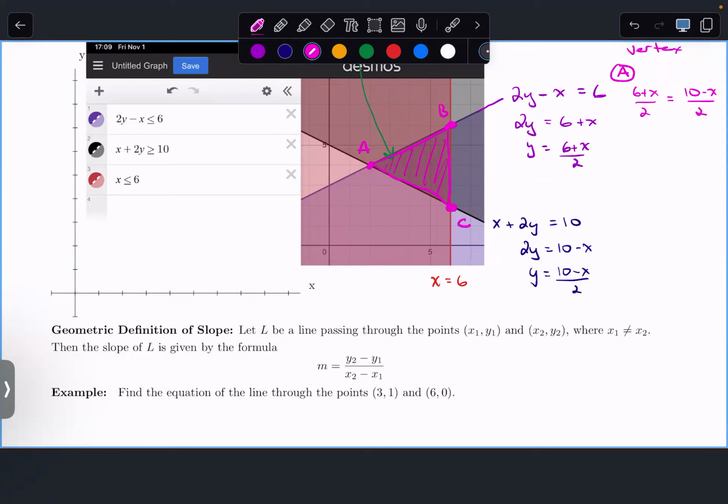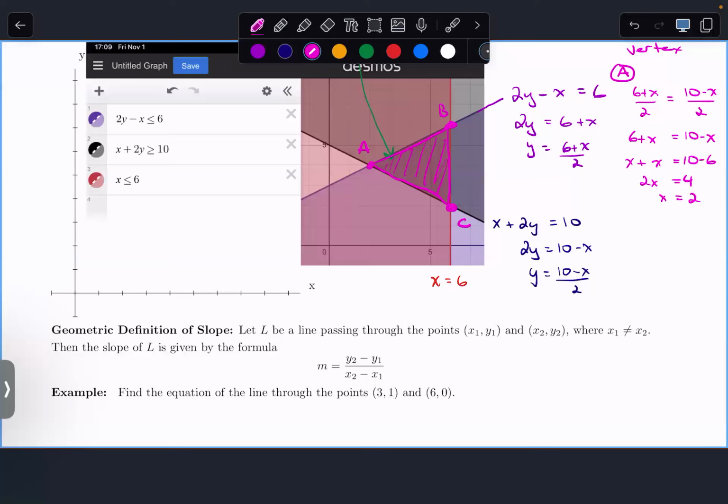Whether you multiply both sides by 2 or just recognize that they're both being divided by 2, so you can kind of ignore them, either way, you're technically multiplying both sides by 2. And so you get 6 plus x must be 10 minus x. Moving the minus x over to the left and the plus 6 over to the right, I get x plus x is 10 minus 6, or 2x must be 4, so x must be 2.